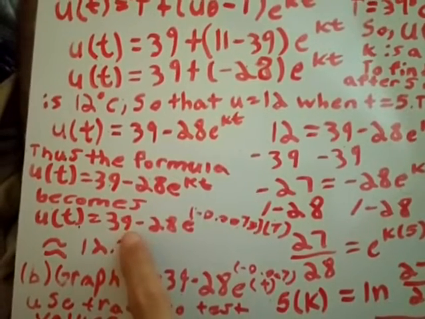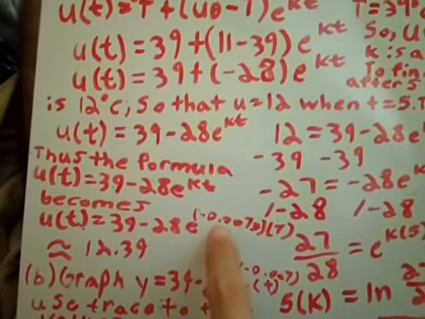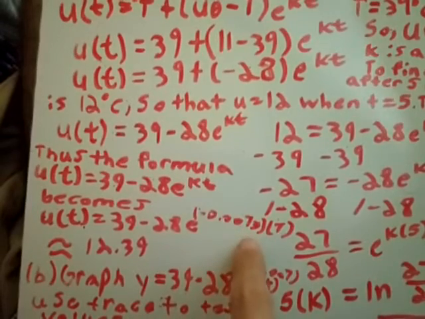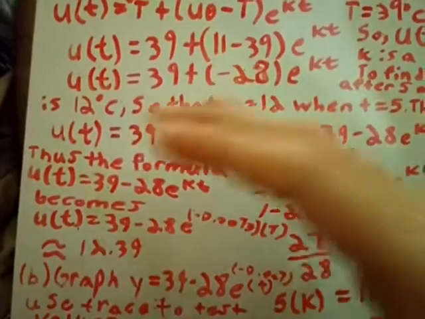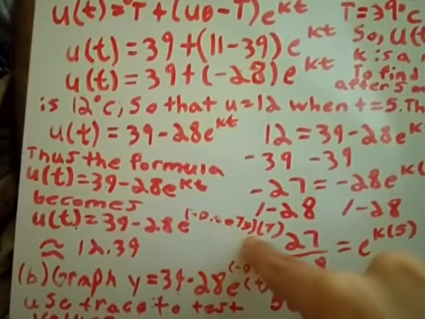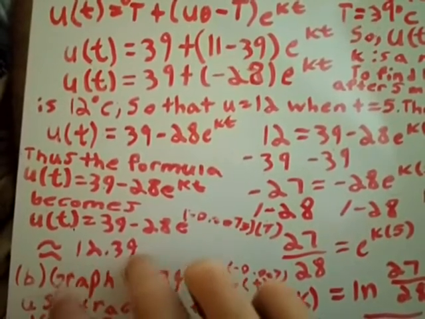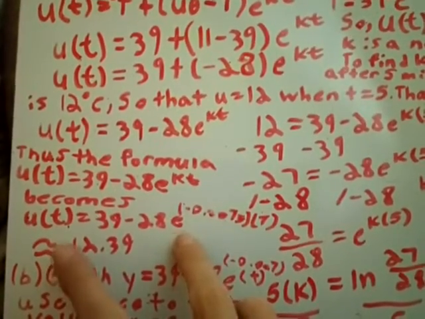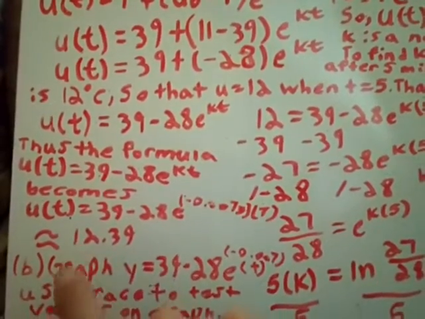So I plug in 39 minus 28e raised to the power of negative 0.0073 times 7, and that gave me 12.39 degrees after 7 minutes. So the thermometer would read 12.39 degrees after 7 minutes.